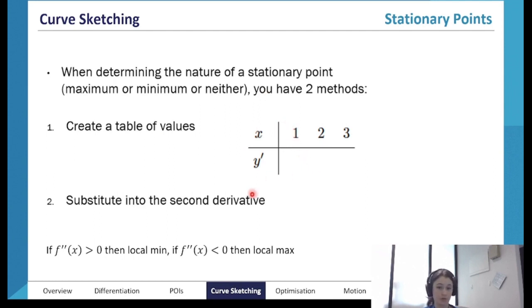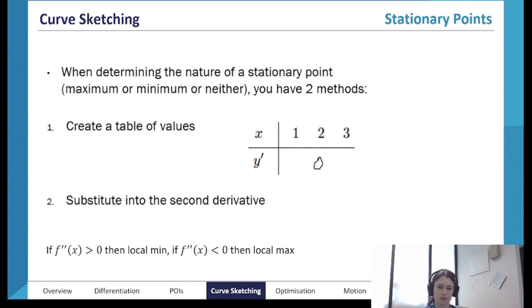What you're going to be doing here is picking an x value on either side of your point where the first derivative equals 0. Here we're going to say that it's occurring at 2. Then you check whether the value of the derivative is positive or negative on either side. This tells you the nature of the stationary point.